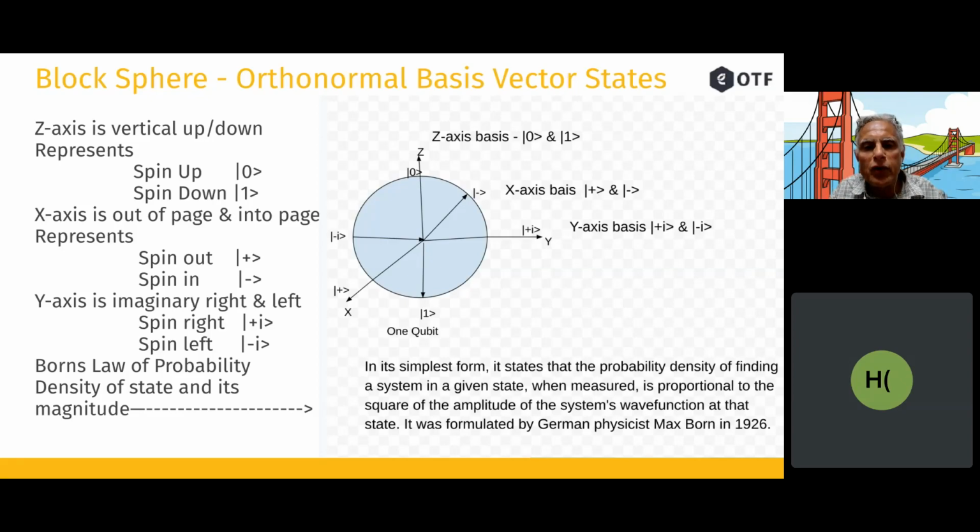So the circle represents the state of a qubit. If you have multiple qubits, then it's a different story. But here we only talk of two states; one qubit is two states. If you have two qubits, then you will have 2 to the power 2, which is 4.